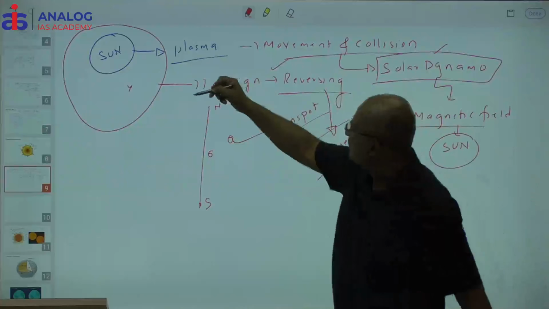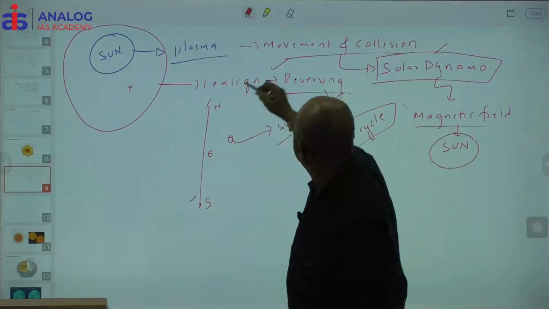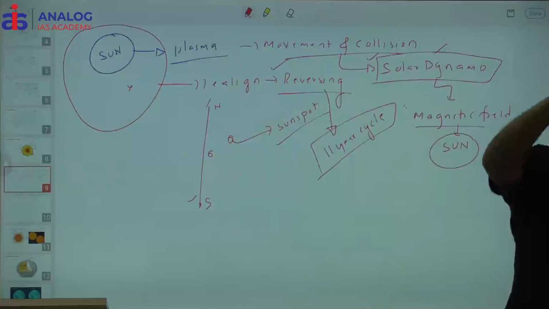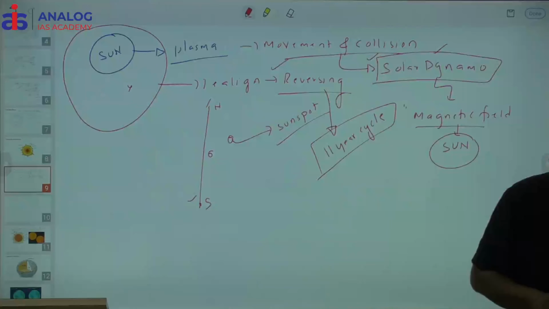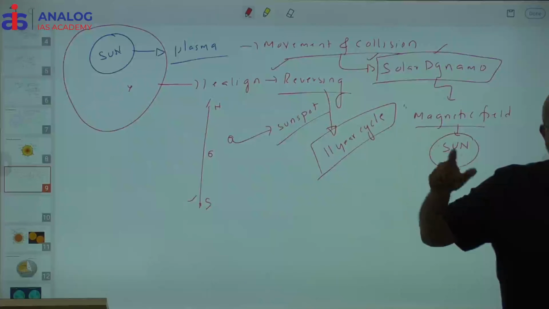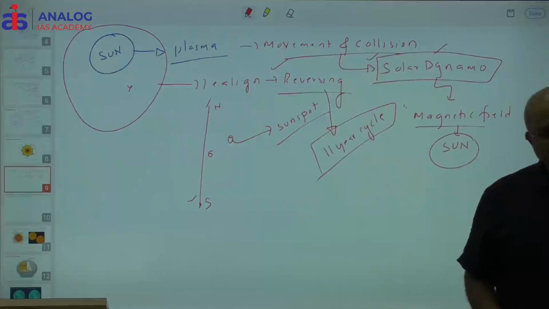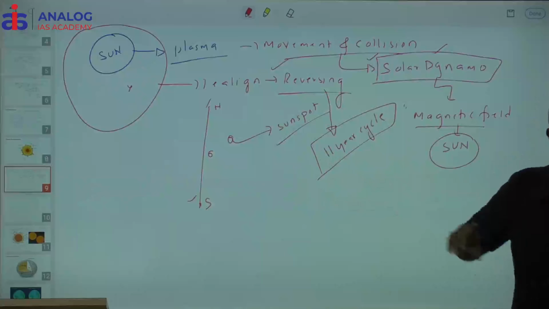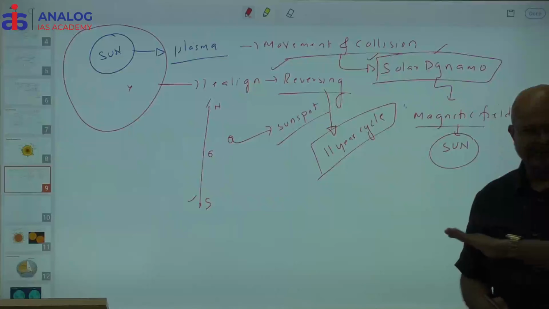I'm talking about the bar magnet. The bar magnet's polarity aligns differently. The Earth's magnetic polarity also changes. I'll explain. Focus on this. The Earth's magnetic field is different from the sun's.